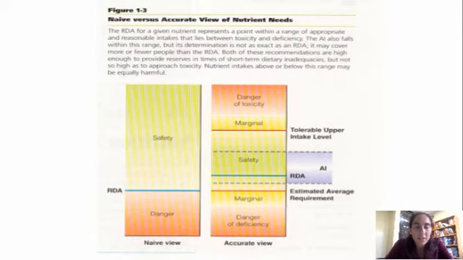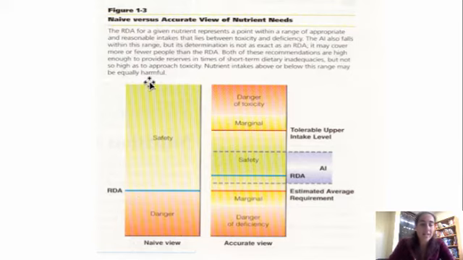This is also another schematic or diagram. Often individuals have a more basic understanding of our needs and how they relate to our risk. So you can see here a more naive or basic understanding would be that anything below the RDA would be dangerous for anyone, and anything above the RDA would be safe, and that's enough.